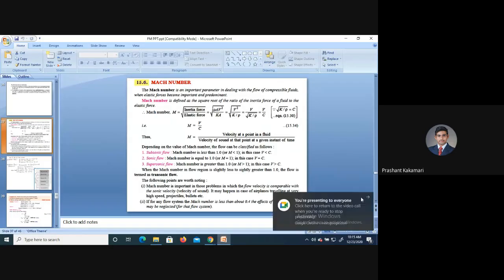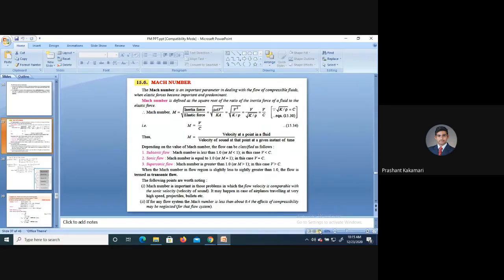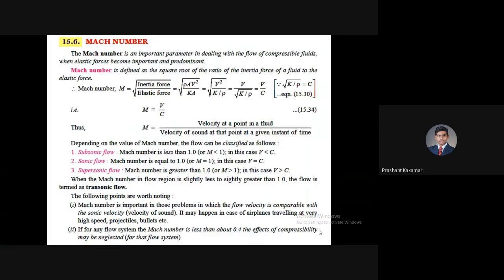that is Mach number. This also we have seen as a non-dimensional number in the dimensional analysis chapter. Here Mach number is very important as an aeronautical engineer rather than mechanical engineer.